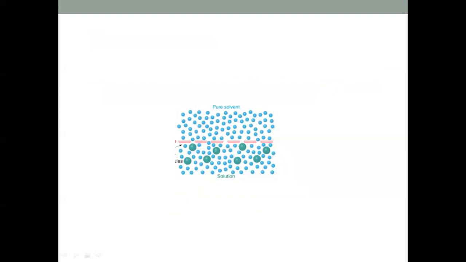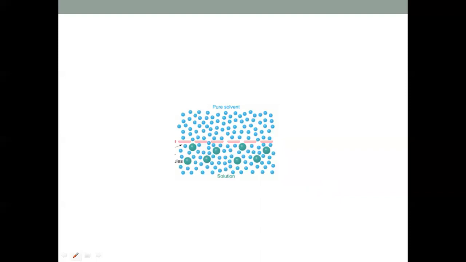This is a solution containing solvent molecules and solute particles, right? These are solute, these are solvent molecules. Here is pure solvent, only solvent molecules. This is a semi-permeable membrane.